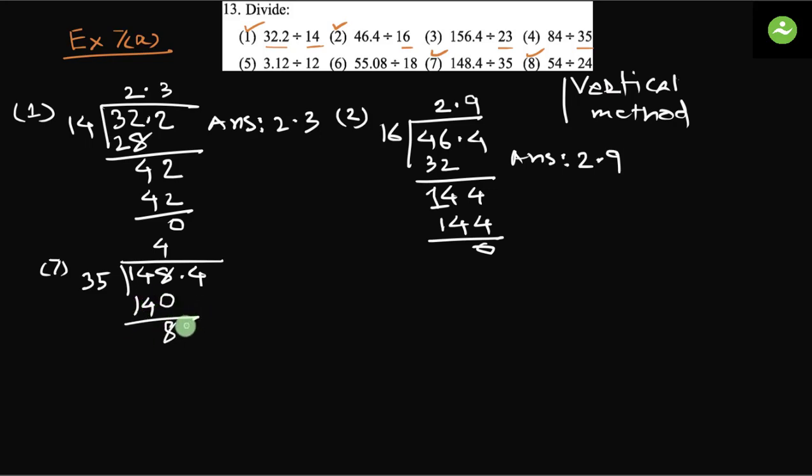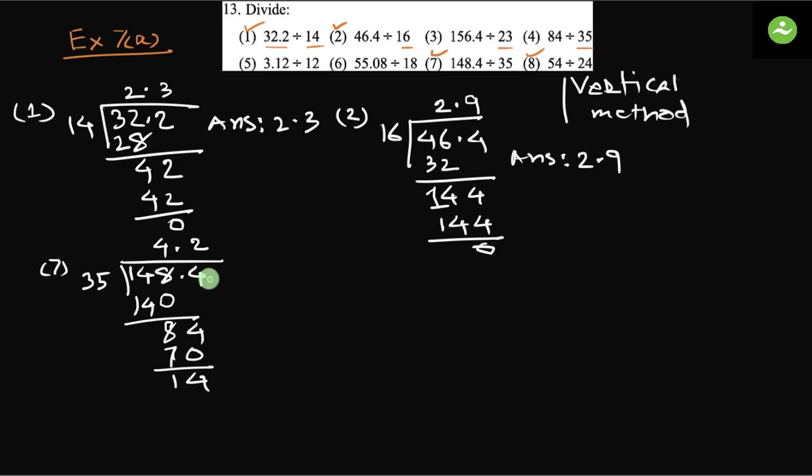So 8. Bring down the next number 4. Put a decimal point here. 35 into 2, it is 70. Deduct 70, it's 14.